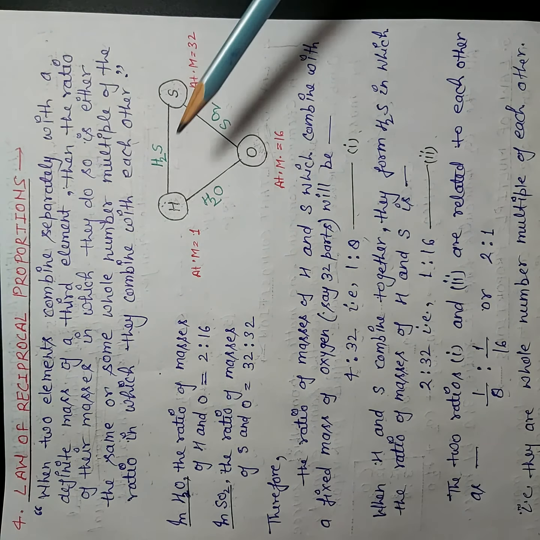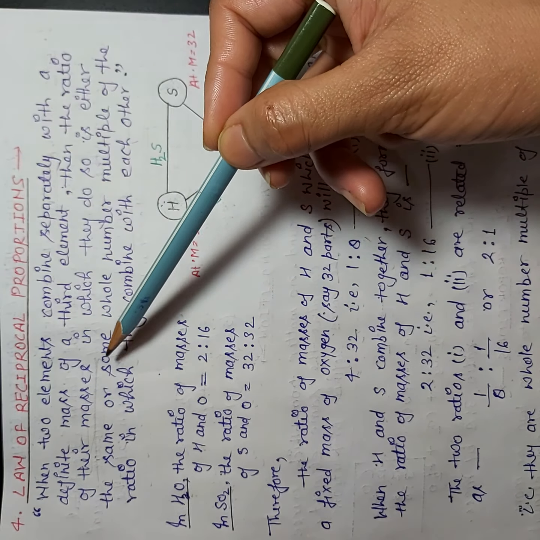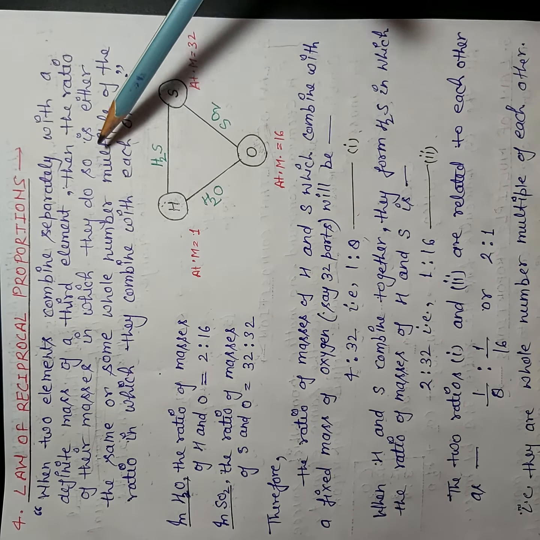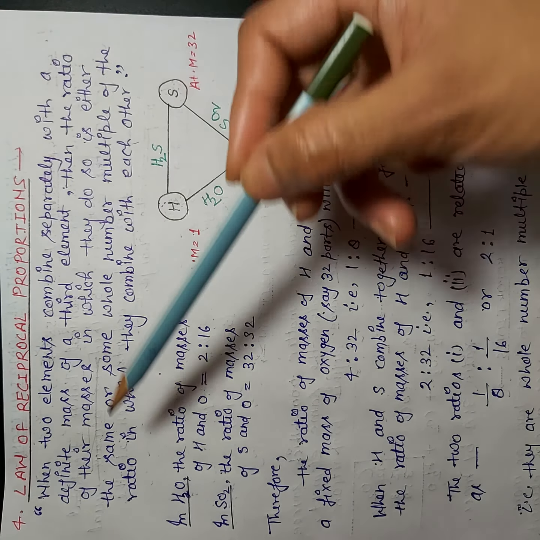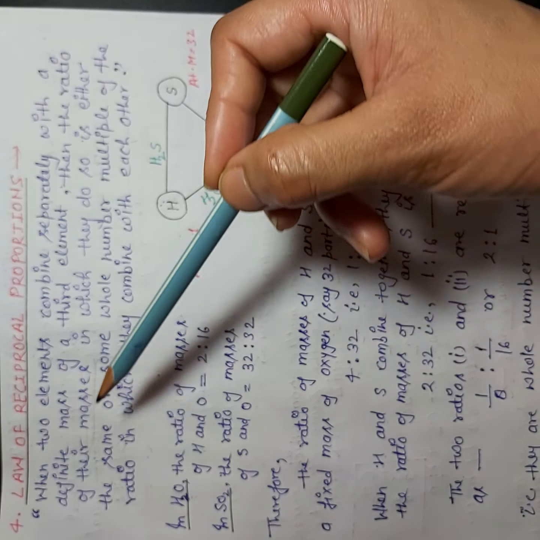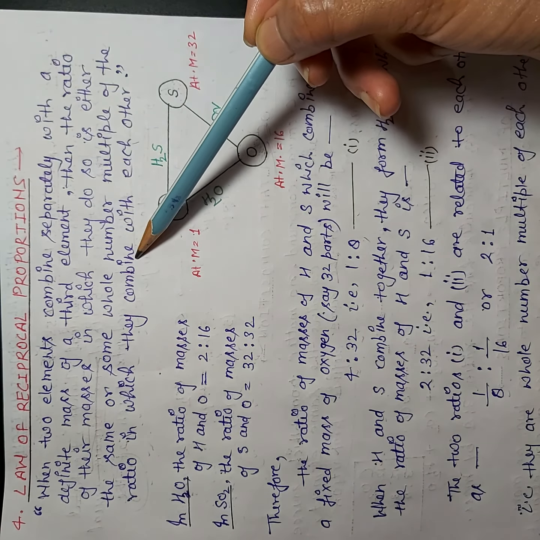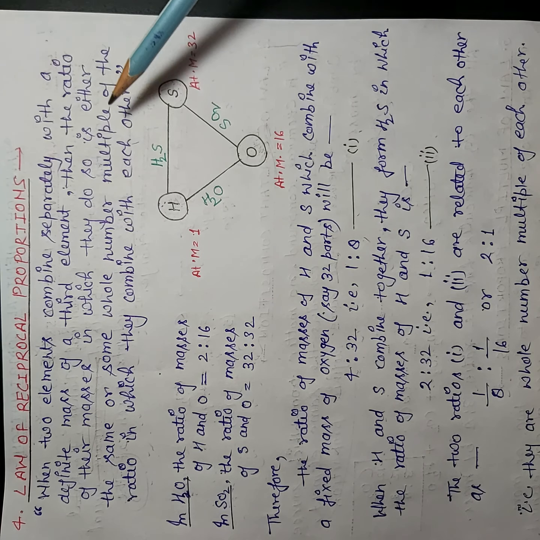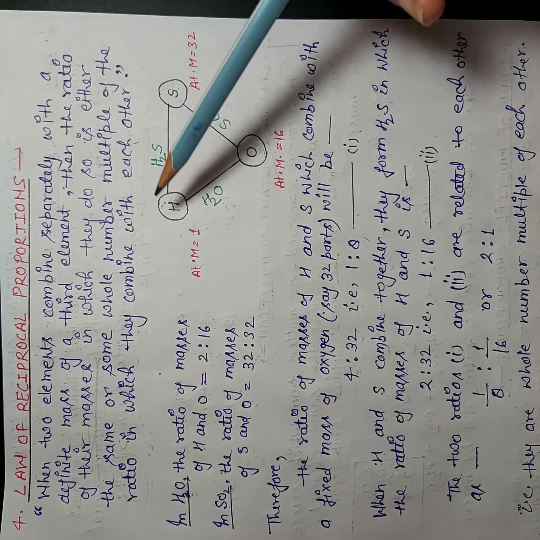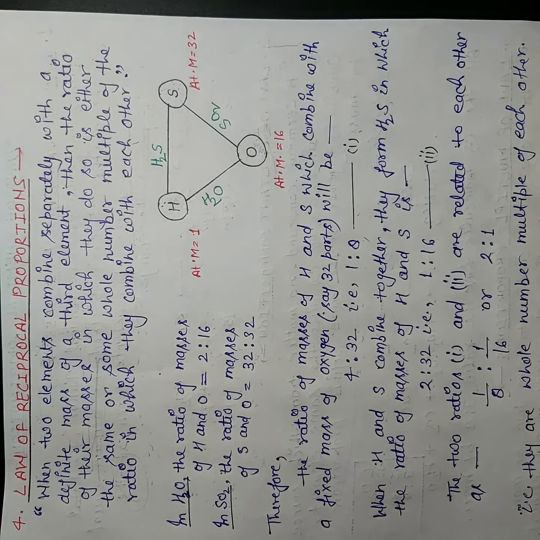Okay, let's continue the law. Their masses in which they do so is either the same or some whole number multiple of the ratio in which they combine with each other. So let's check.